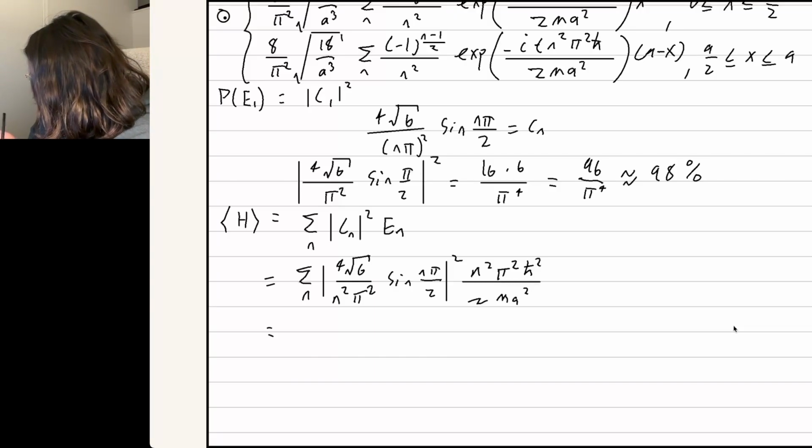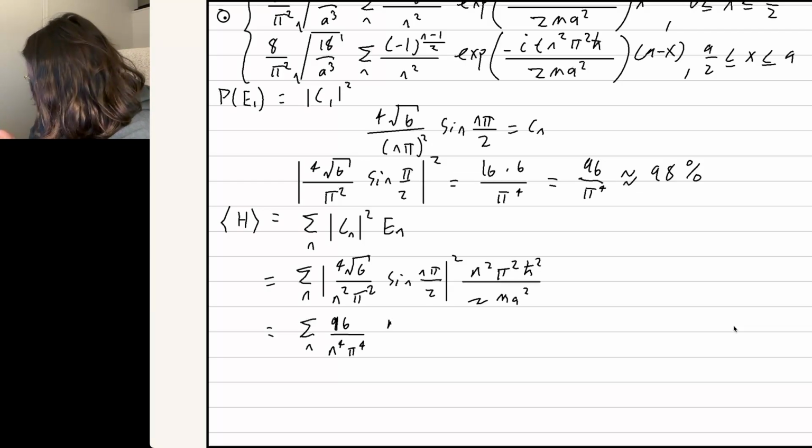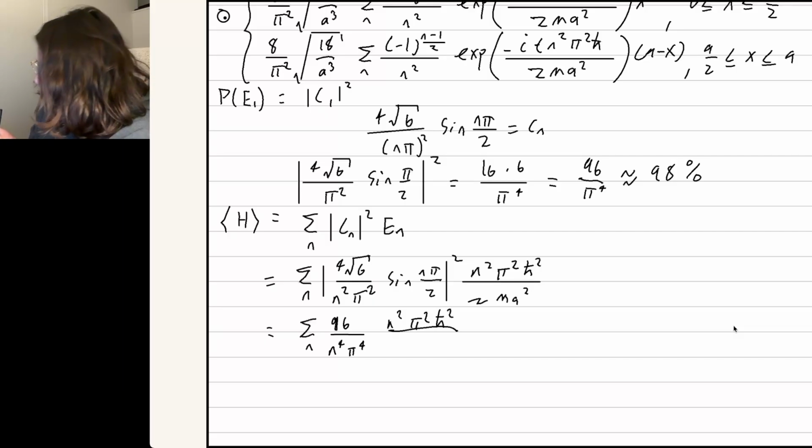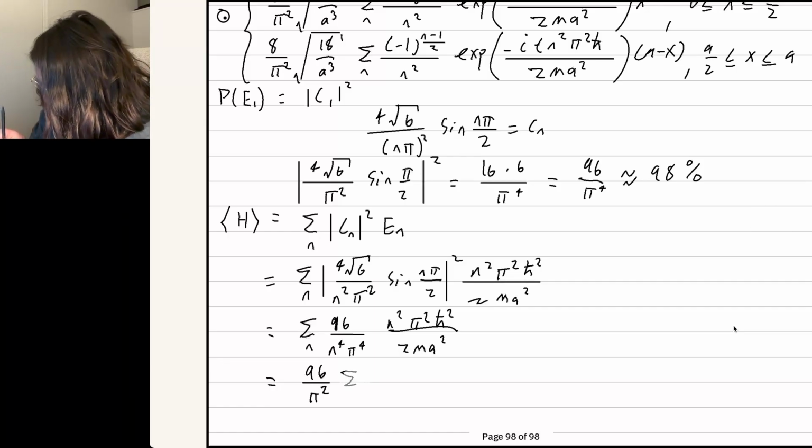So we're doing the sum over n of 96 over n to the fourth pi to the fourth times n squared pi squared h bar squared over 2ma squared. And then simplifying that a bit, 96 over pi squared sum over, and then let's even pull the rest of the prefactor out, h bar squared over 2ma squared.